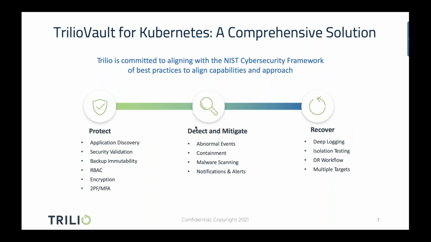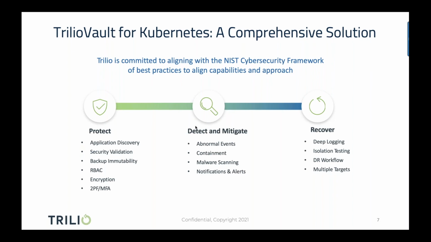And then finally, multiple targets. Target is something that we refer to as a backup repository. What Trilio allows is we support S3 as a backup target and NFS as a backup target, and we have no restriction on the number of these targets that you can have within your system.